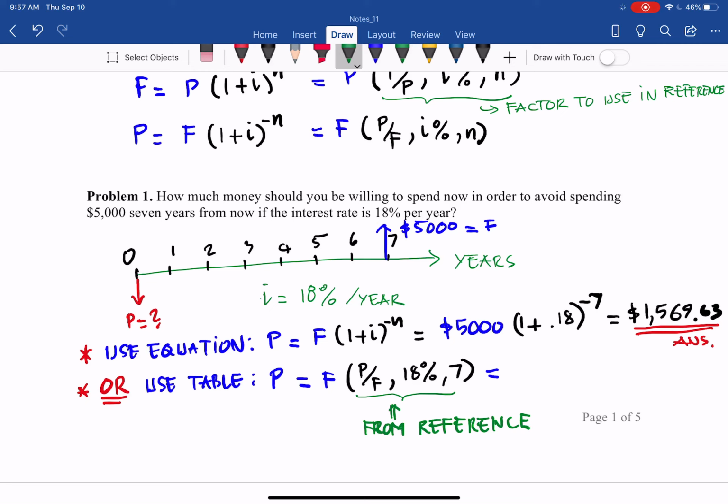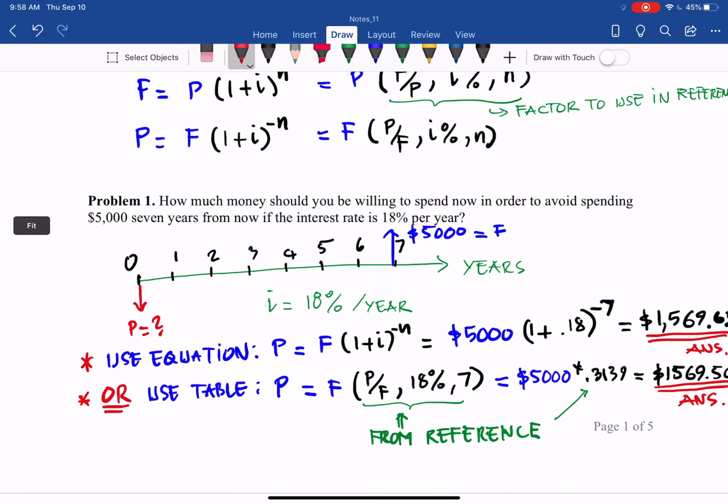Then we have that equal to 5,000 times 0.3139, and that equals 1,569.50. It's a little bit off by 13 cents. It's because of the rounding, since the table gives only 4 digits. So that is the first concept that we apply in equivalence.